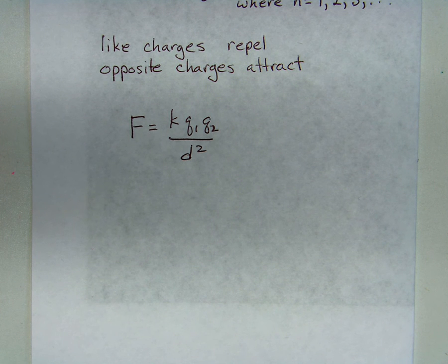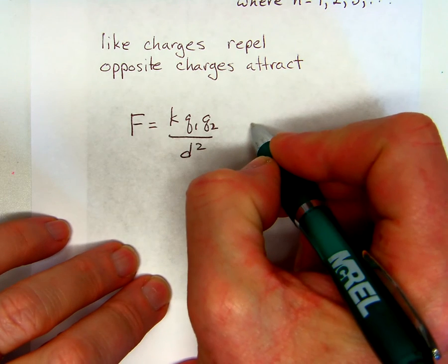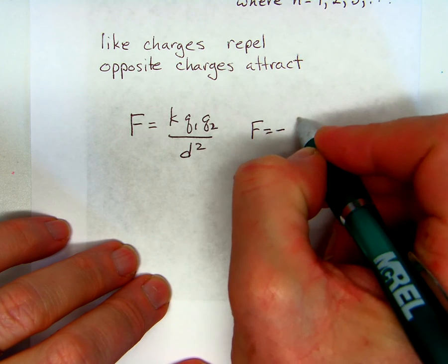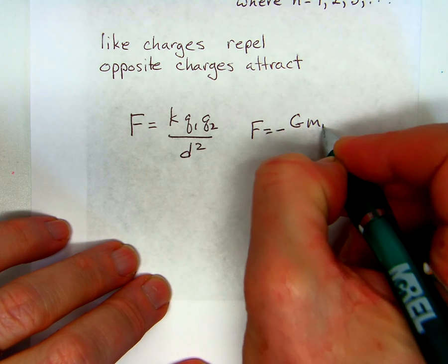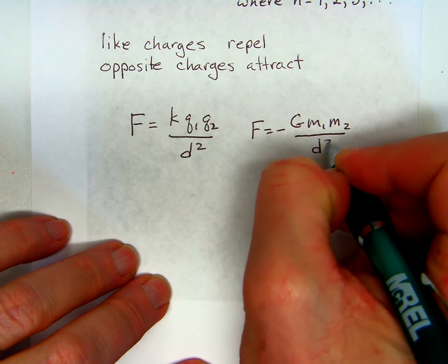Does it look similar to another equation we've had? Well, what I'm hoping that you noticed was that in many ways it looks similar to our equation for gravity. Our equation for gravity was F equals minus G m1 m2 over d squared.